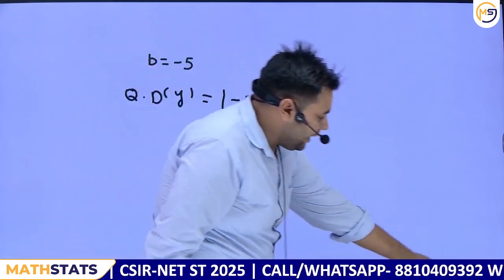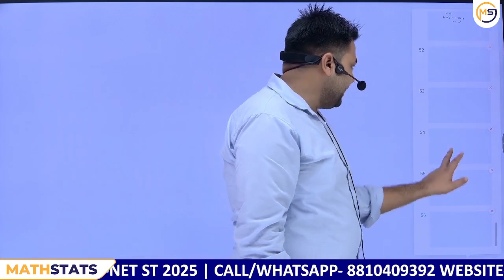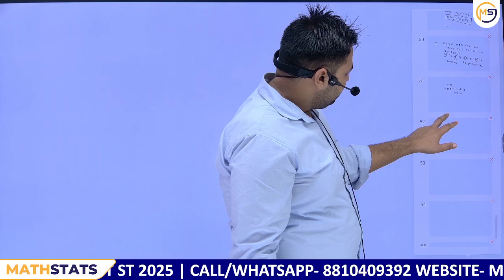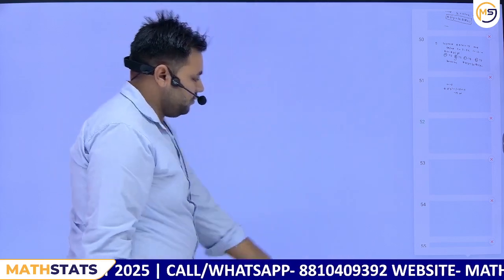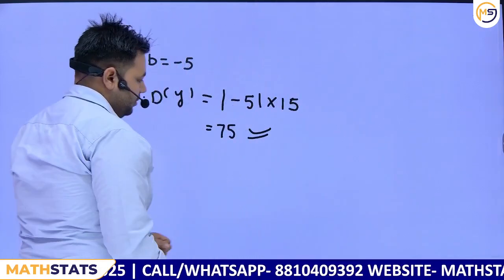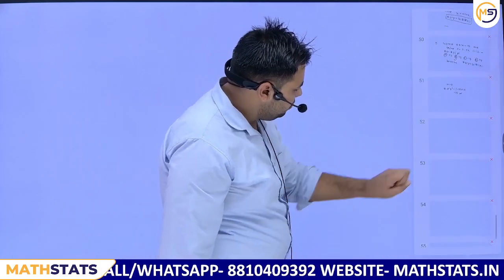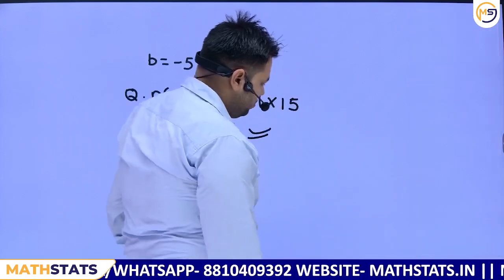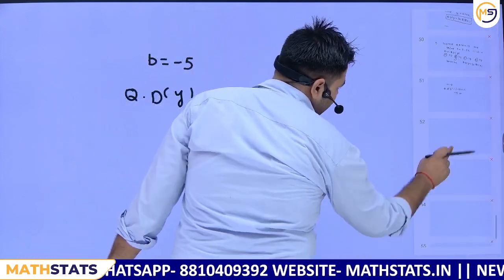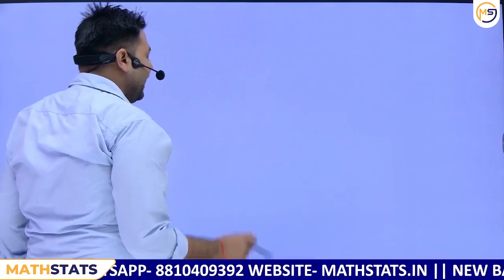Now consider another measure of dispersion, which is most important in that sense. This is called Gini mean difference.